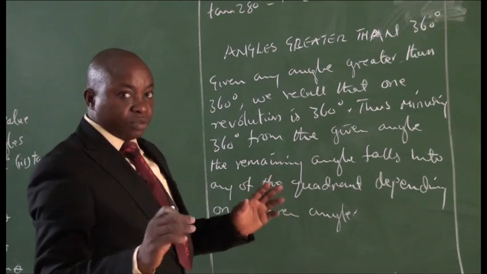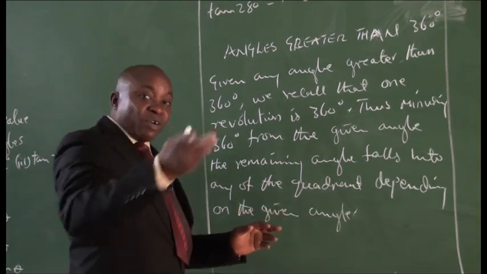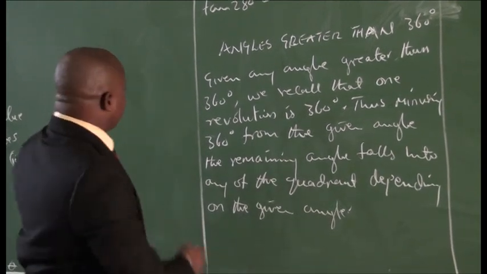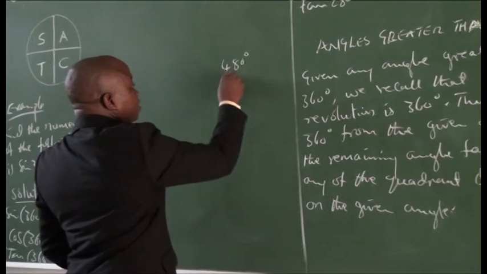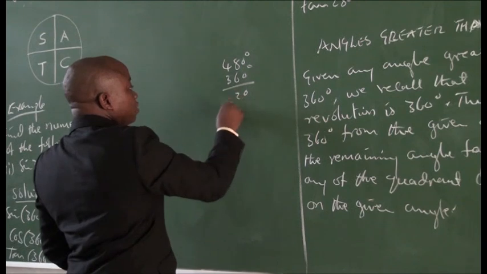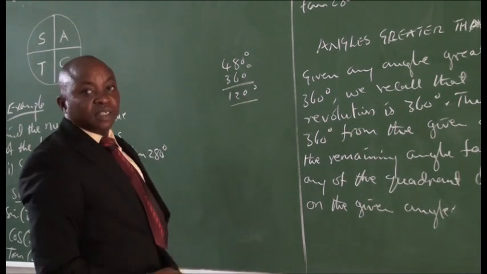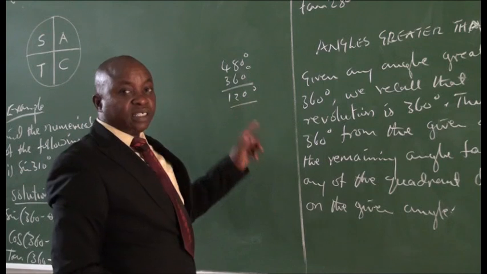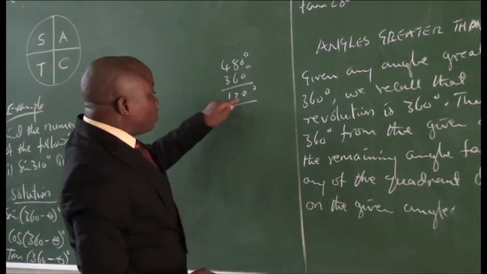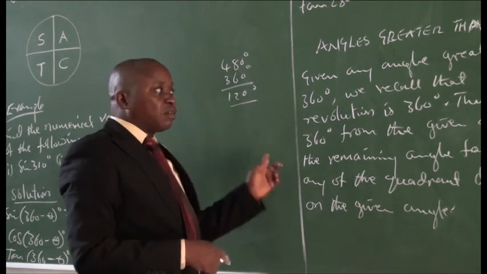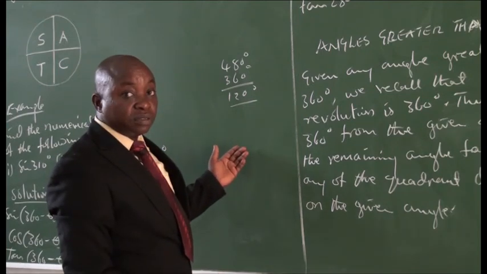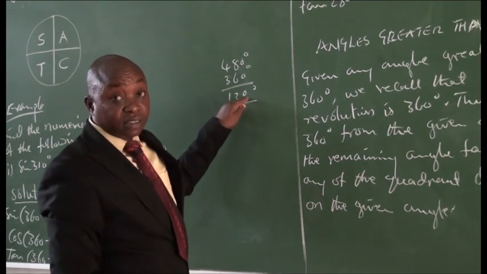So what I would do is subtract 360 degrees from 480 degrees. This gives me 120 degrees. This 120 degrees is called the basic angle. Now this 120 degrees falls in the second quadrant, and then I will start the definition based on the second quadrant.